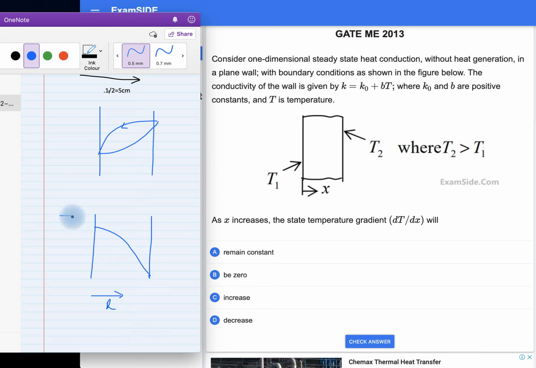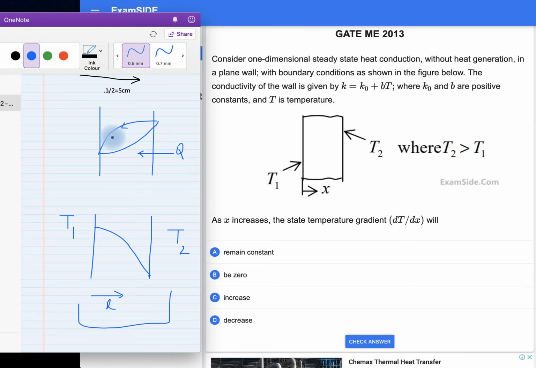Here T1 and this is T2. Usually T1 is greater than T2 when we draw normally, but in this case T2 is greater than T1, so heat flow will be in this direction. So this is Q.